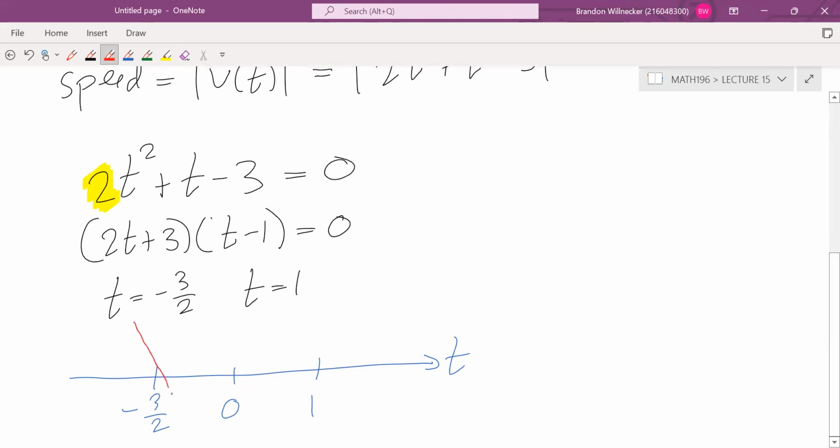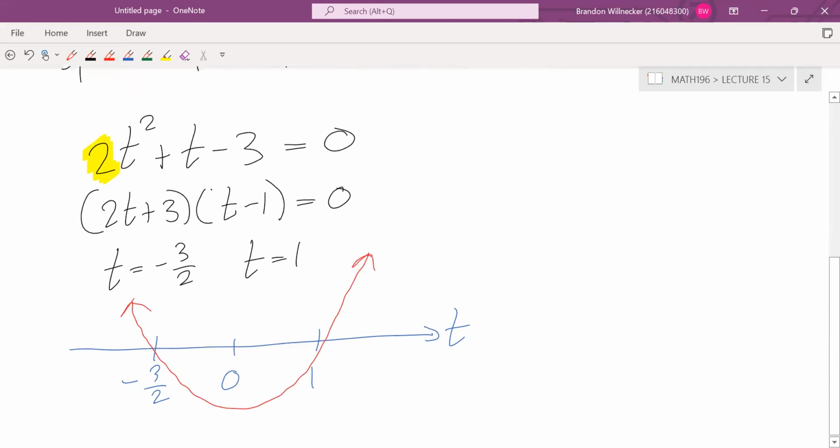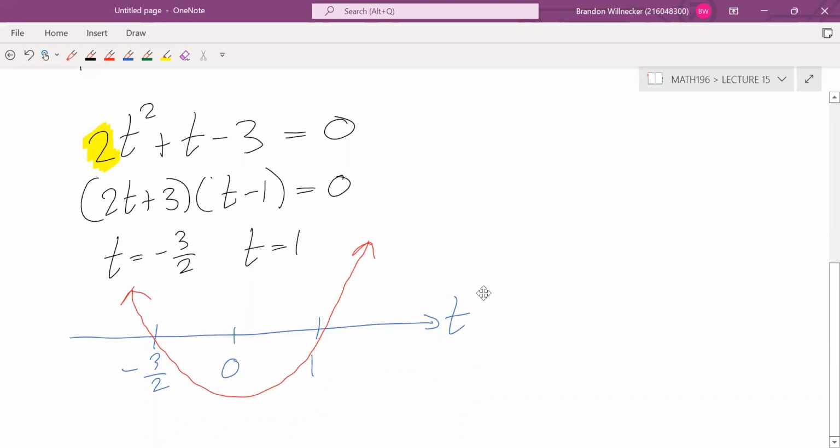So the parabola is going to cut through here and look something like that. Okay, a happy face parabola. So on the left-hand side of minus 3 over 2, it's going to be positive. Between minus 3 over 2 and 1, it's going to be negative. And after 1, it's going to be positive.